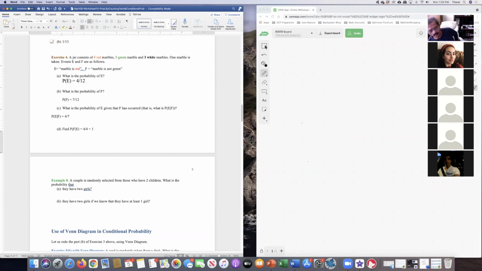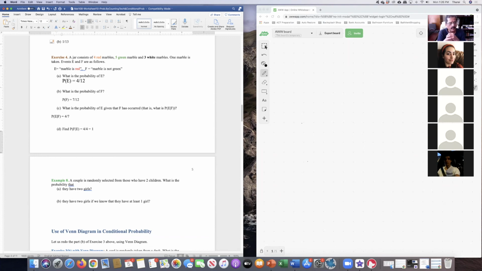Everybody understand it, or do I need to explain further? E has occurred means the marble is red. And that means your sample space has 4 red marbles now. Out of those 4 red marbles, which one makes event F happen?